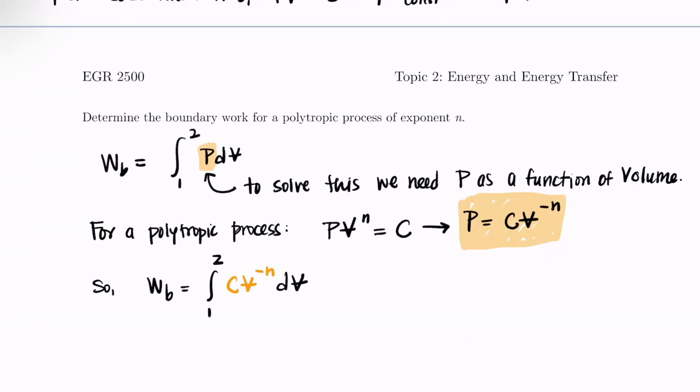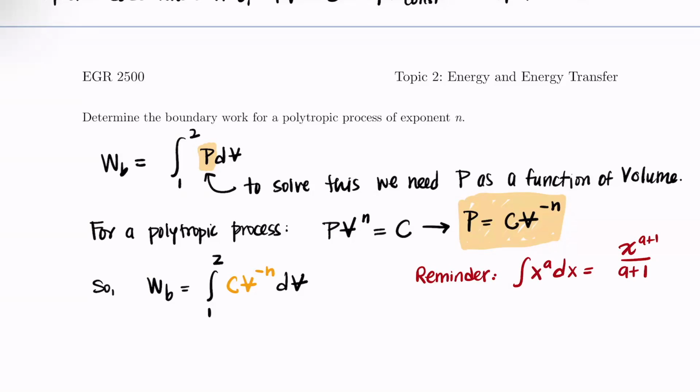dV. All right, so now our integral is in terms of volume, and we can integrate this how we normally would. As a reminder, the integral of x to the a power dx is equal to x to the a plus 1 divided by a plus 1.